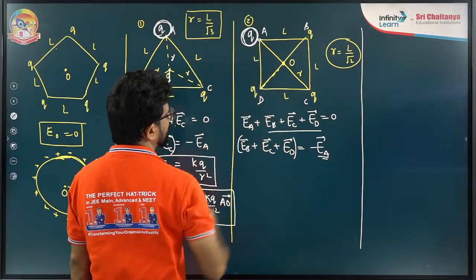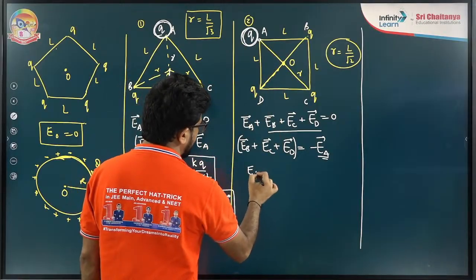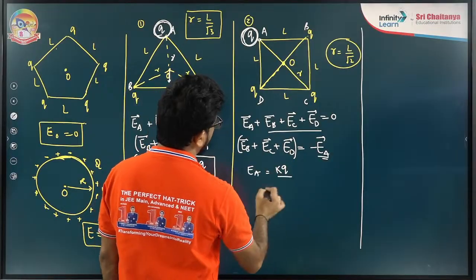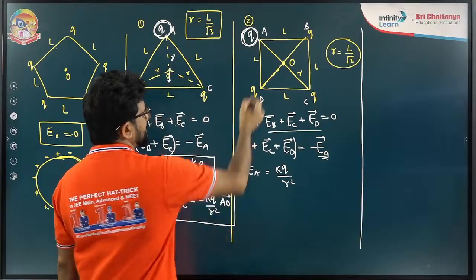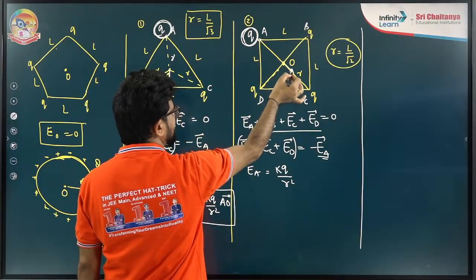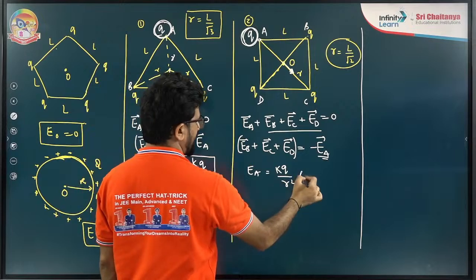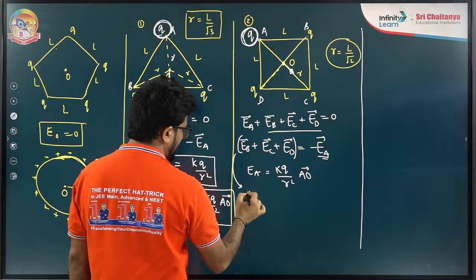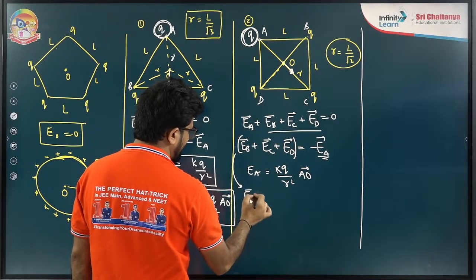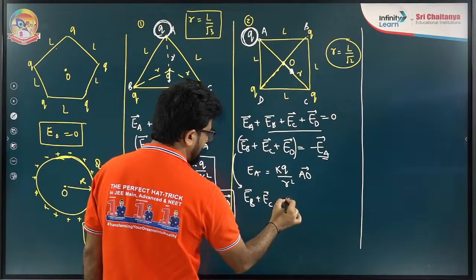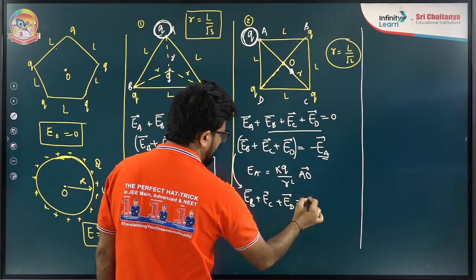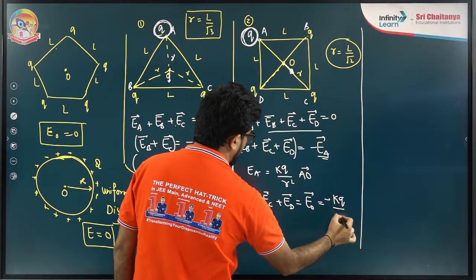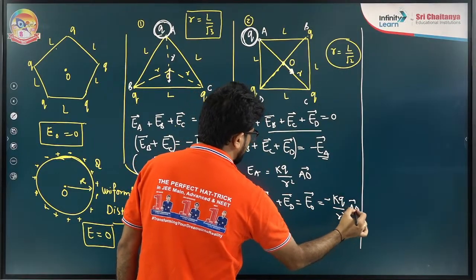And this value is already given to you, that field due to A is nothing else but KQ by R square, and due to A the direction would be AO direction, but we want negative of this. That means here you can say the field due to B plus field due to C plus field due to D is equal to field at O, by the way, that is equal to minus of KQ by R square in the AO direction.